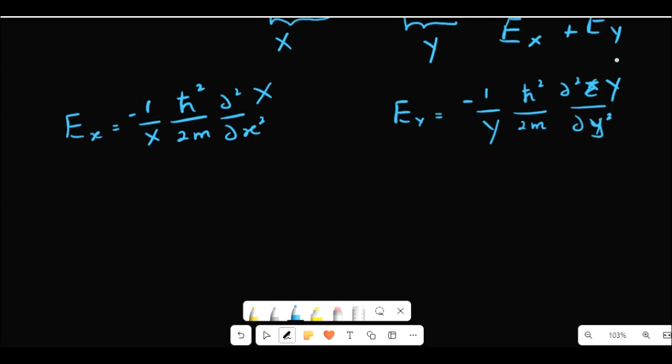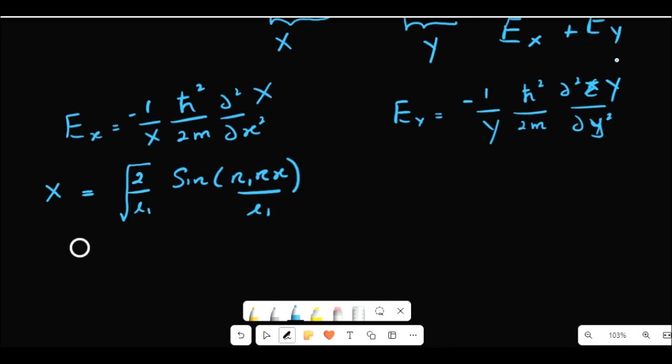Okay, now if I take this x function, which means the wave function in x component, we have talked about it, right? In 1D boxes we have talked about the wave function of a single dimensional problem. So how we represent it here: square root of 2 over L1, sine n1 pi x over L1.